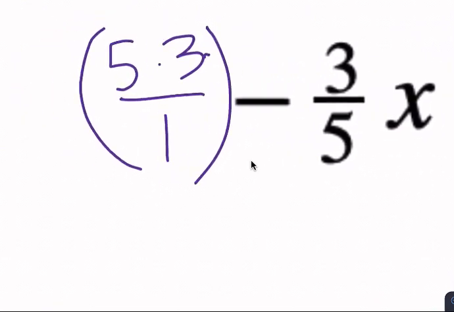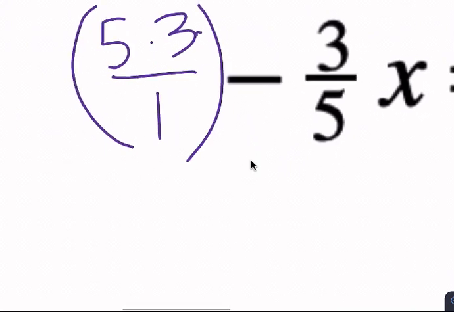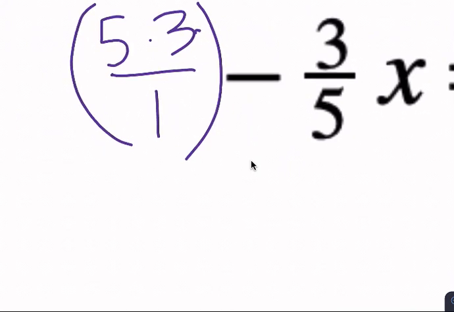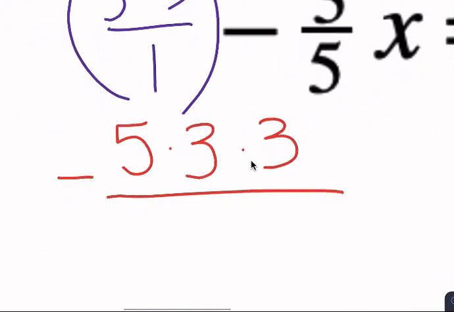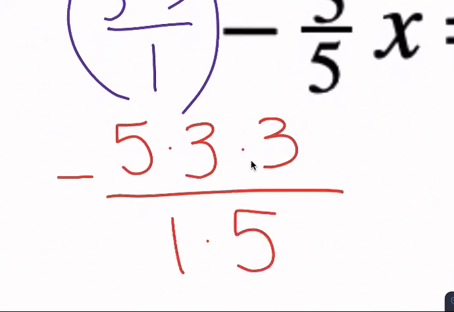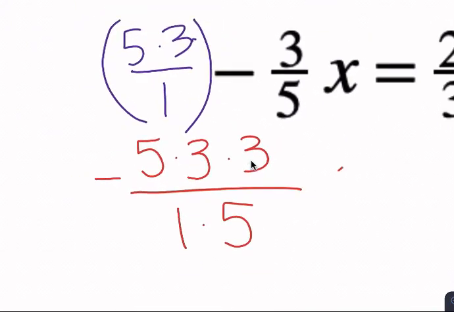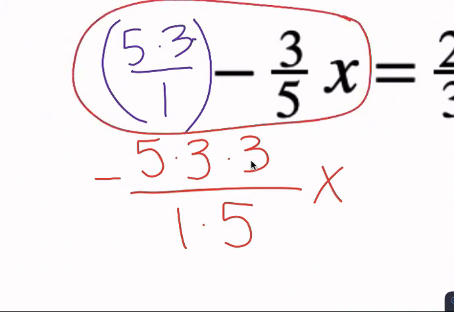When I'm looking at it this way, I can look at this first term right here, and I'm going to rewrite it so you can see what it really looks like: negative 3 times 5 times 3 over 1 times 5, times x. This is really what all of this means, because it's all multiplication.